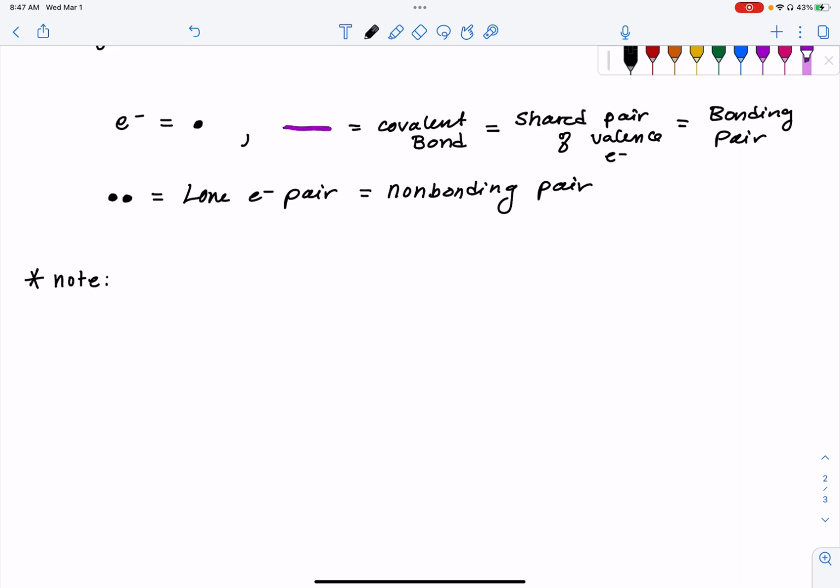Now I will make a note. Sometimes atoms can form more than one covalent bond to one another, meaning they can share more than just two electrons.